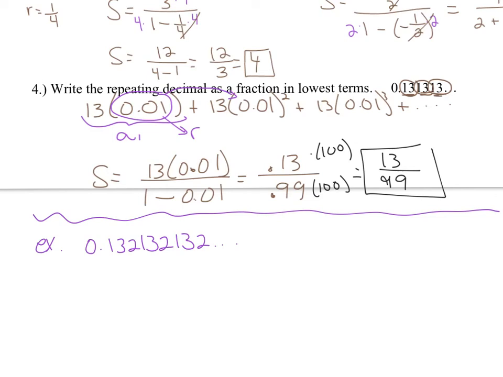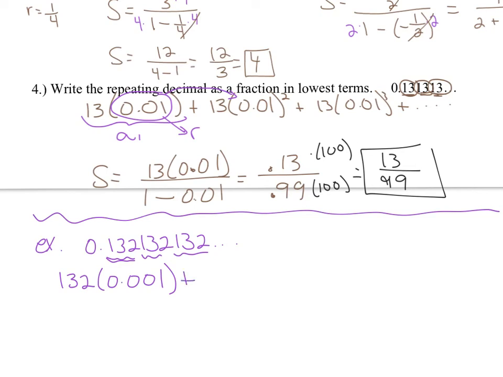What we'll do here is break this one down into, I'm just going to notate what the repeating part is. So this would be 132 times 0.001, because the repeating decimal in this case would be 0.132. So I need to make sure that I multiply that by 0.001, which is 1/1000th.